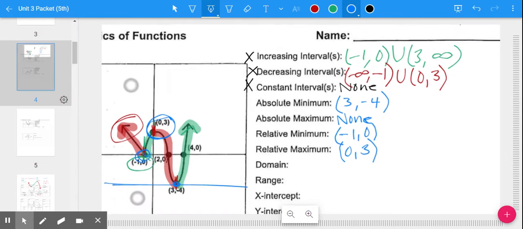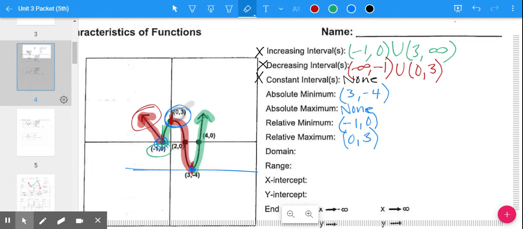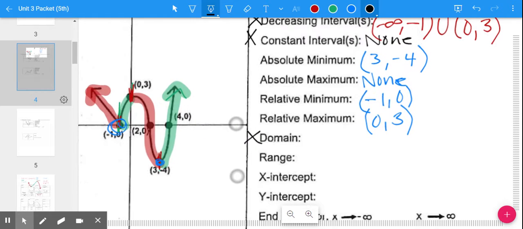All right, domain. So the domain of your function is how far left and how far right. And again, this is referencing the x variable. So how far to the left does this graph go? On the left side, there's an arrow, which means it's going to go towards the negatives forever. And then how far to the right does it go?